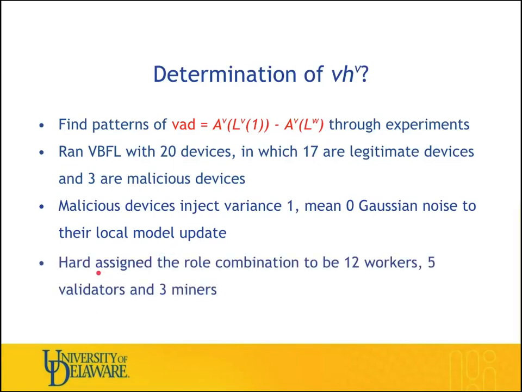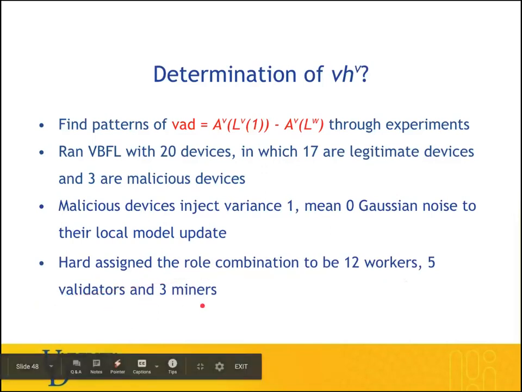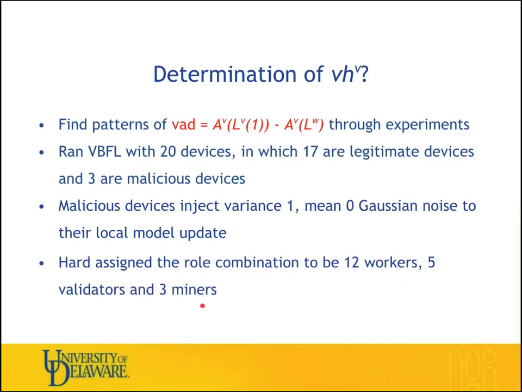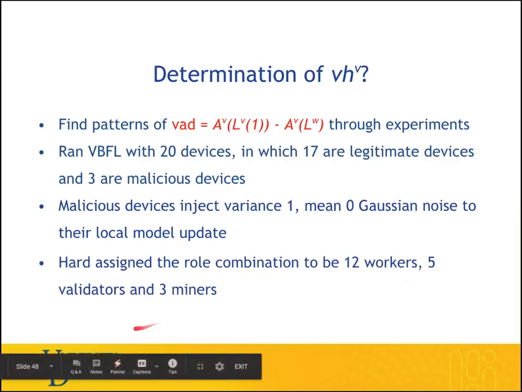And for another simplicity, we hard assigned an arbitrary combination of 12 workers, 5 validators, and 3 miners in VBFL through the learning processes. We wanted the workers to be the majority and wanted the miners to be as few as possible. So we ended up with this combination.